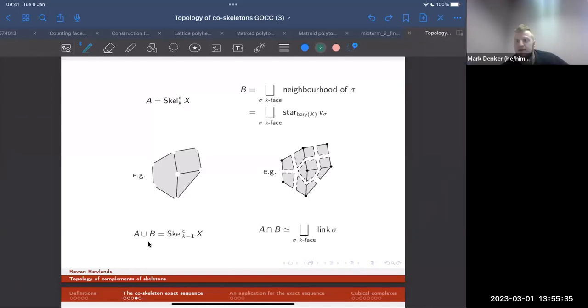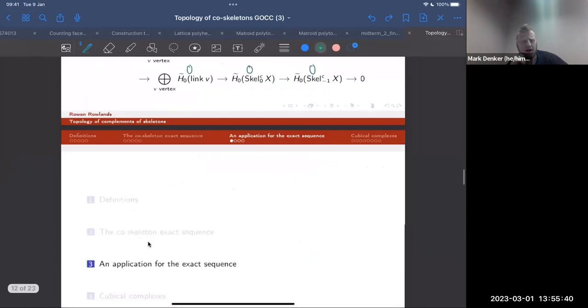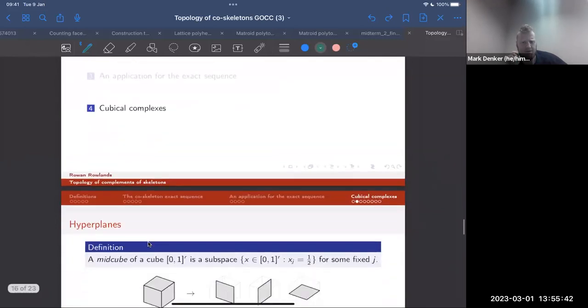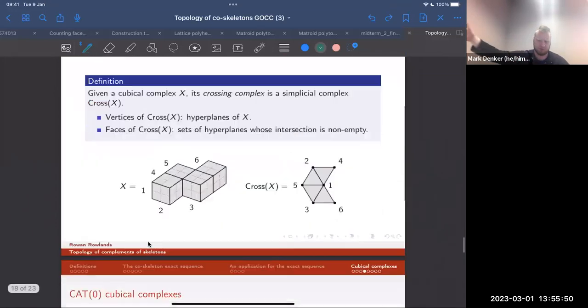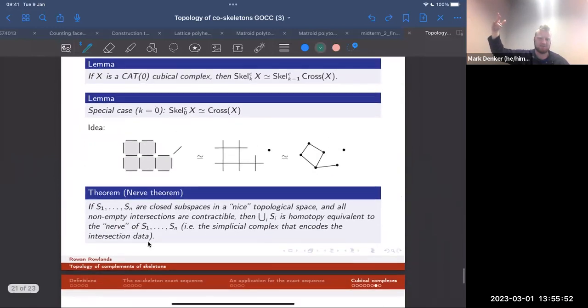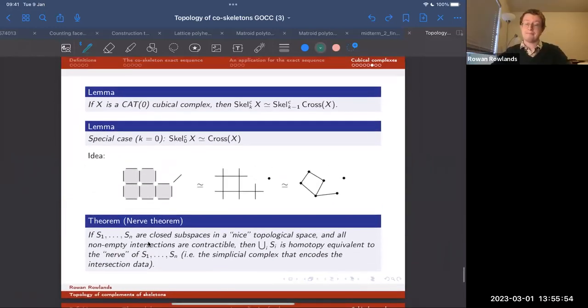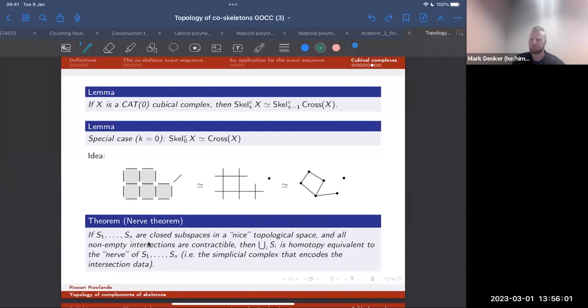I had another question from some of the later slides. You have this nifty little theorem where the idea of the proof at one level goes through the nerve. Yeah, it uses the nerve theorem. You can think of these things, the crossing complex.